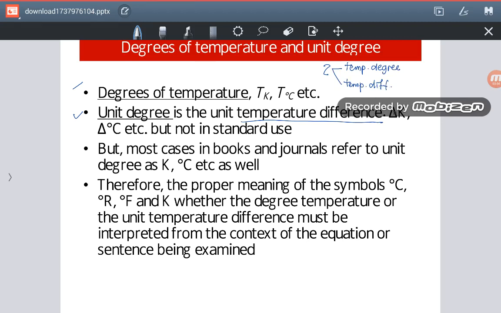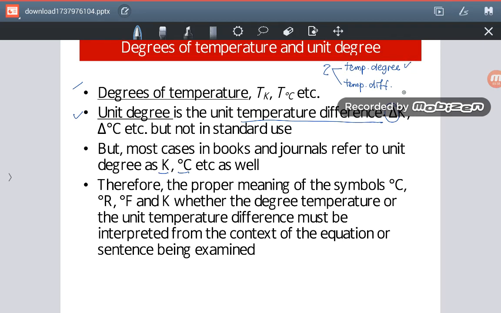Sometimes the temperature difference is denoted with this triangle symbol, but in most cases it's just referring to the same unit as the temperature degree, which is the Kelvin or degree Celsius and so on. For temperature degree, this one is the specific temperature at the specific time. For instance, if you were referring to the boiling point of water is 100 degrees C, that's the temperature degree.